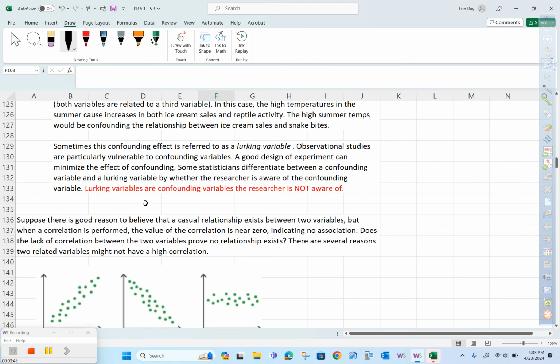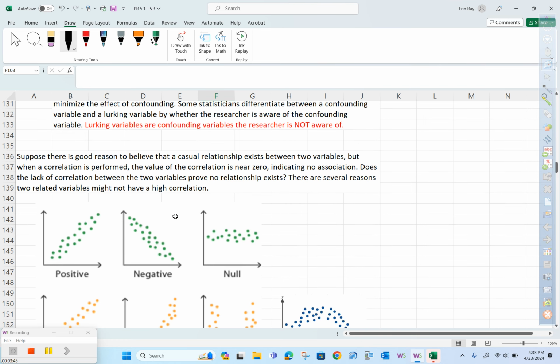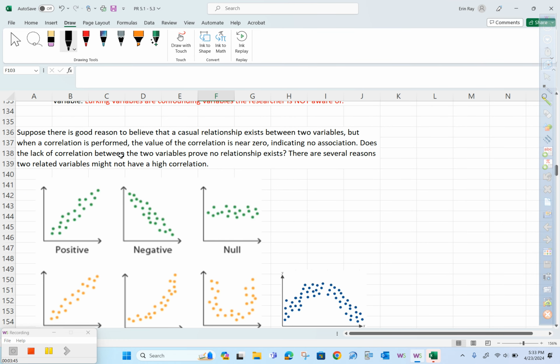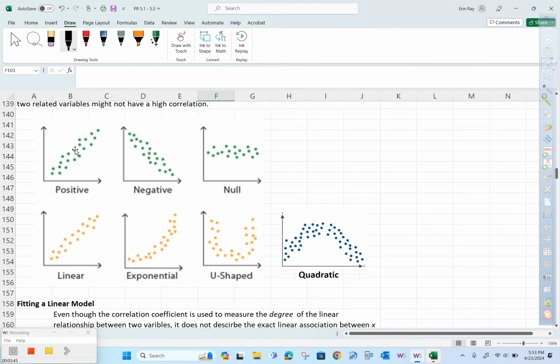Correlation is a relationship. It is not a causation. Now, there may be a good reason to believe there is one, but suppose we think that's happening, but the correlation is near zero. That may indicate then there's no linear association, not no association in general. So here, we only are going to have R when we're dealing with linear relationships, something like the first few pictures.